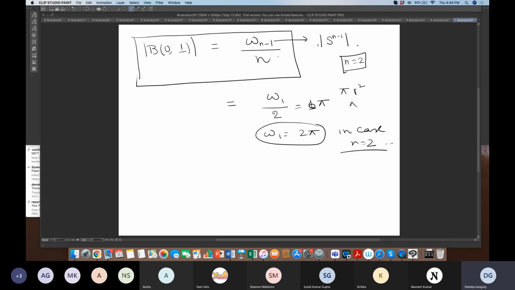Omega_(n-1) is the measure of a sphere, and B(0,1) is the measure of a ball. So the n-dimensional measure of a sphere is 0, but omega_(n-1) is an (n-1)-dimensional measure. You understand that point? Okay. Is that clear? Or it is not clear?